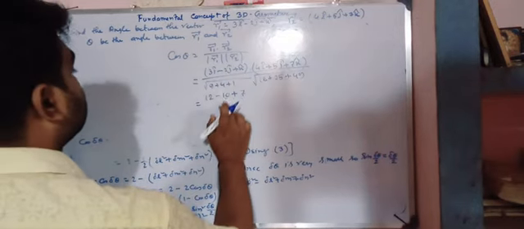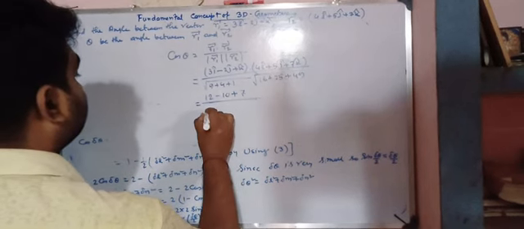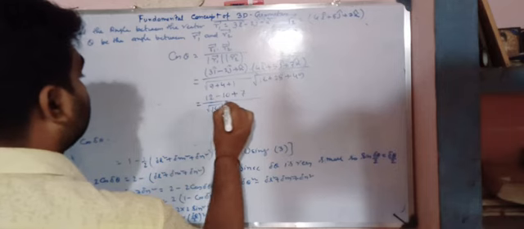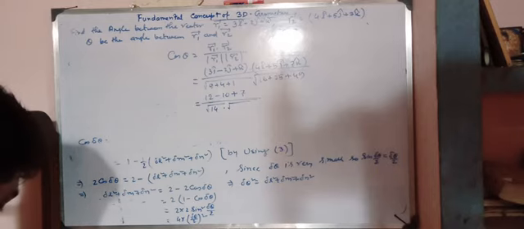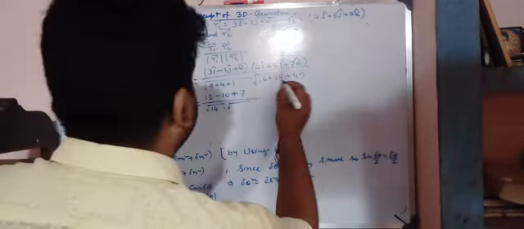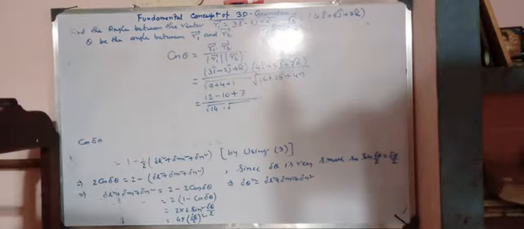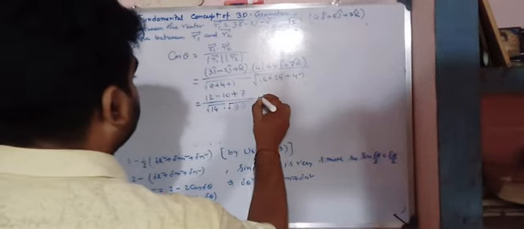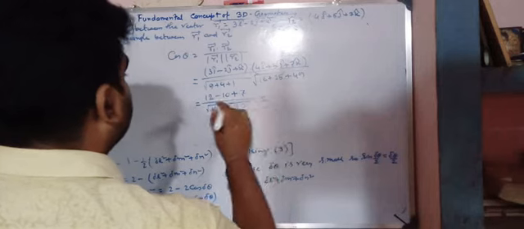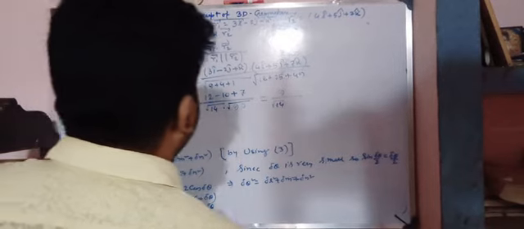This is 12, this is minus 10, this is 7, divided by root 14 into root 90.